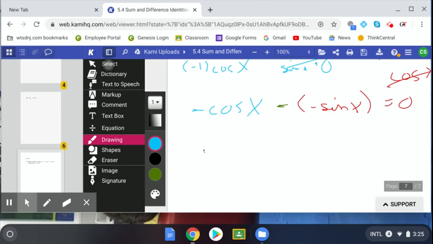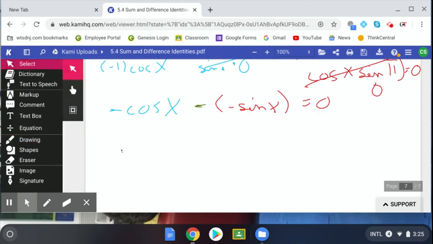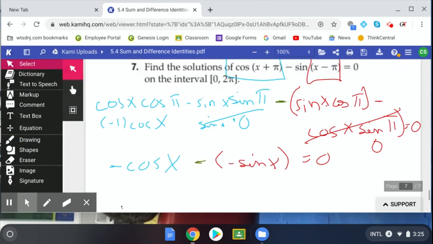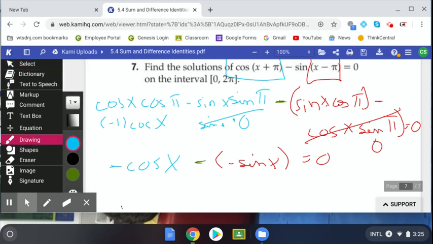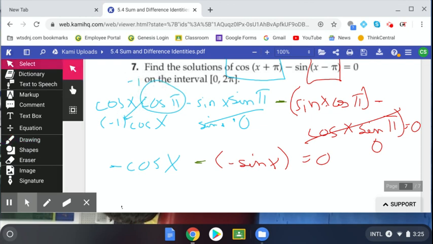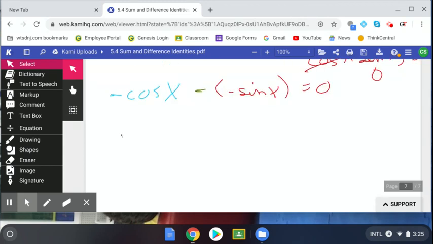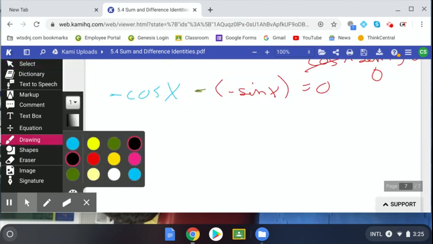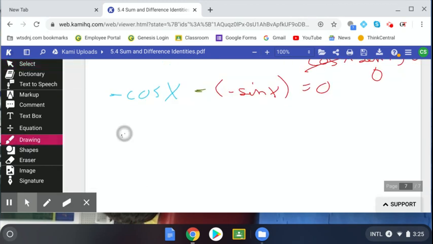I think everything else is fine, because cosine pi was -1. So this was -1. That's what went there. Okay. So now I have negative cosine x plus sine x equals 0.